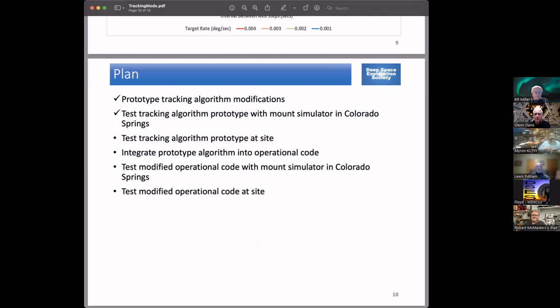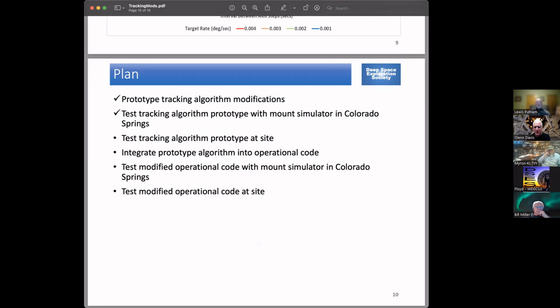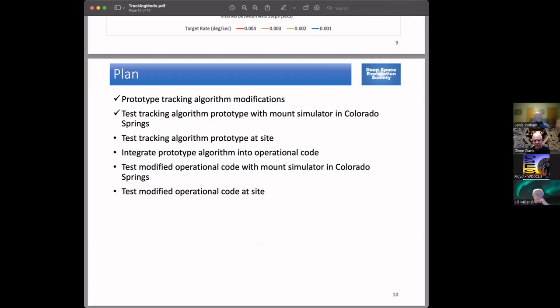Then we've got to clean up some additional issues in the code so it will integrate with the operational code, and then go back through the test process in Colorado Springs and at the site. Hopefully we can get through this in the next quarter or so, but it depends on weather and everything else.